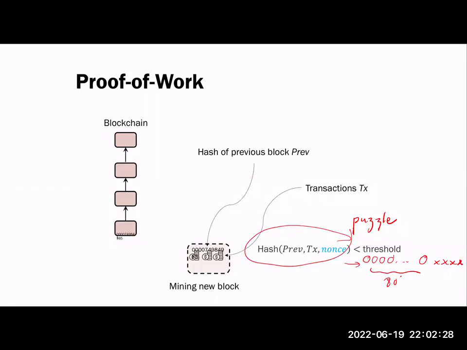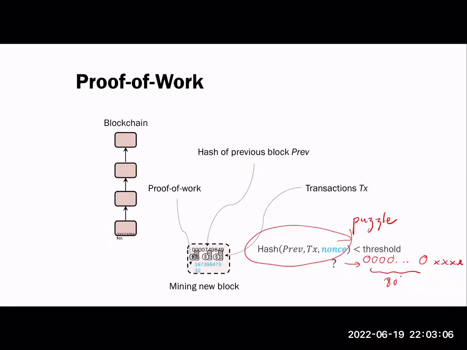If you can invert this hash function, then you can find a nonce which solves this puzzle. But the cryptographer says we do not know of any efficient method of doing this. So what miners do is keep on trying different values of the nonce until they solve the puzzle.